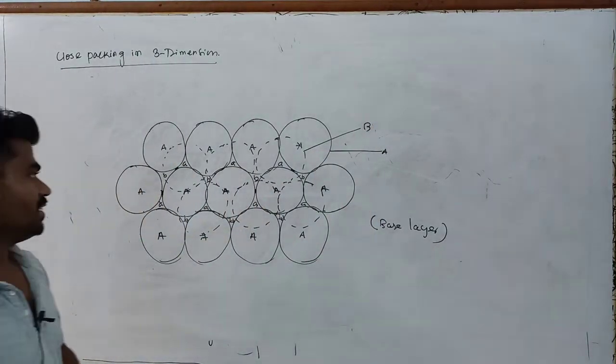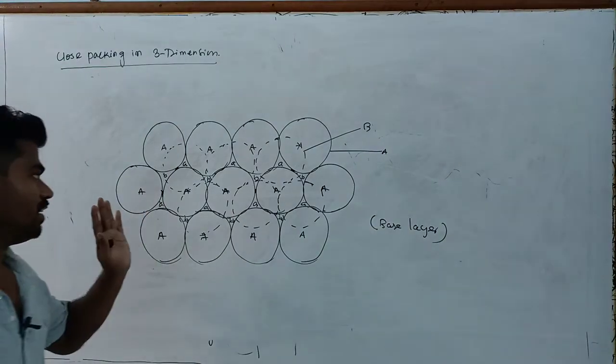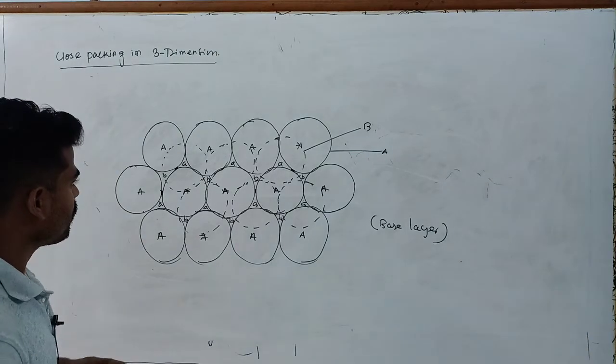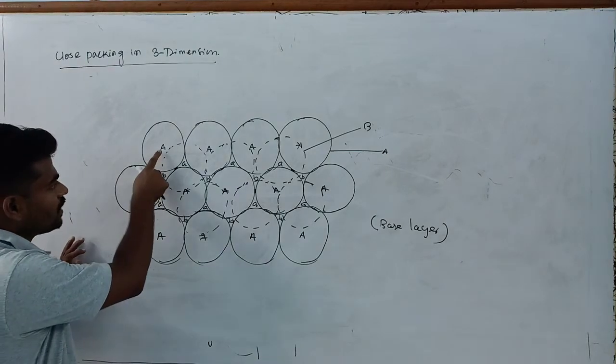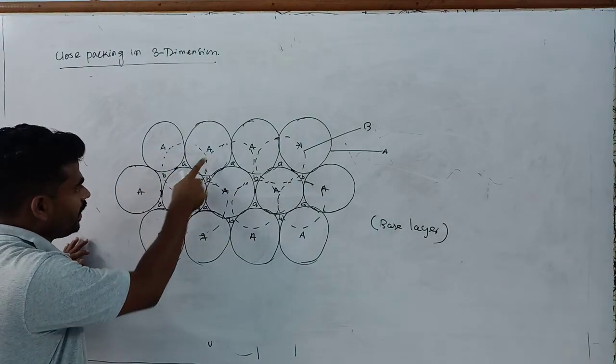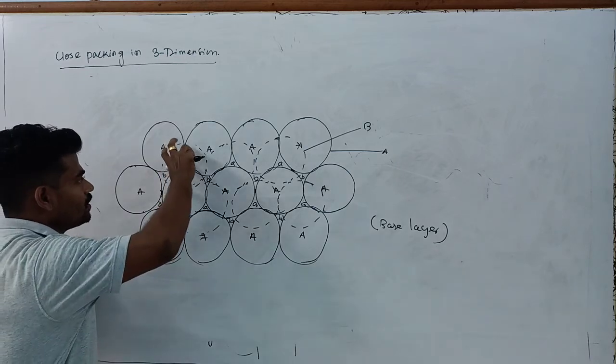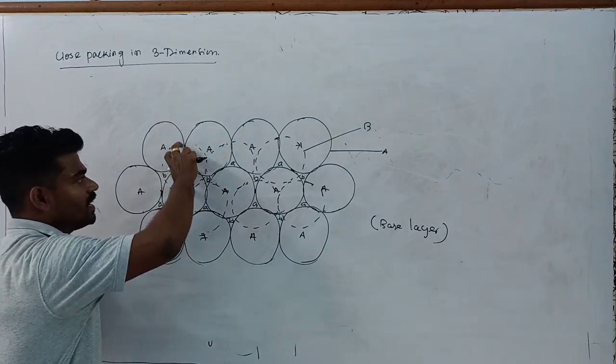And next, before I place my third layer, I need to give one piece of information over here, that is, you see the different types of void. First layer A, target these three spheres, and over this another sphere of the second layer is placed.